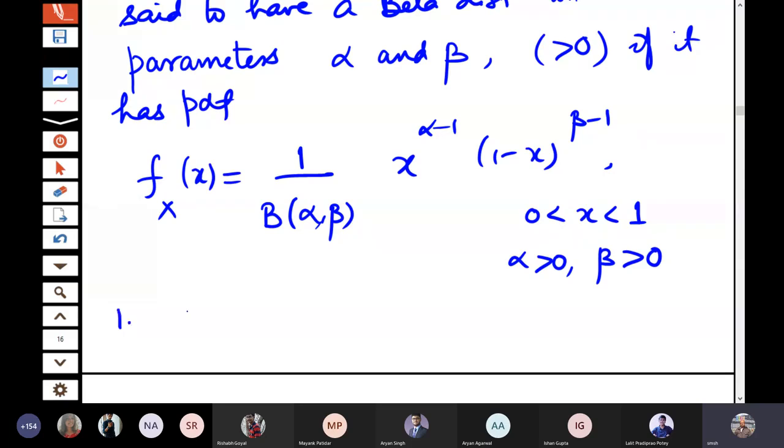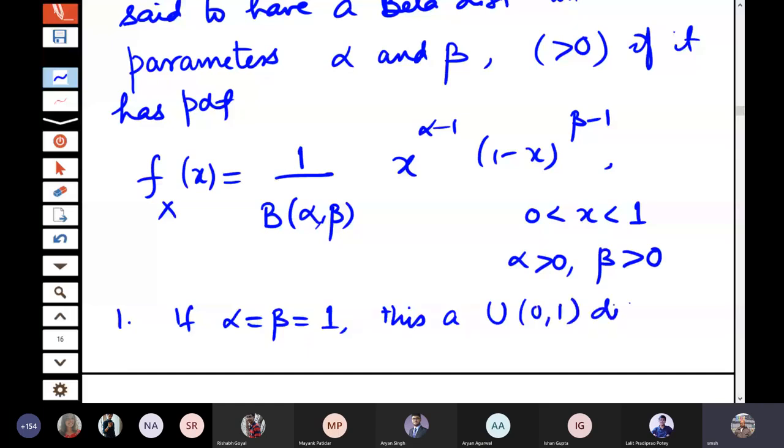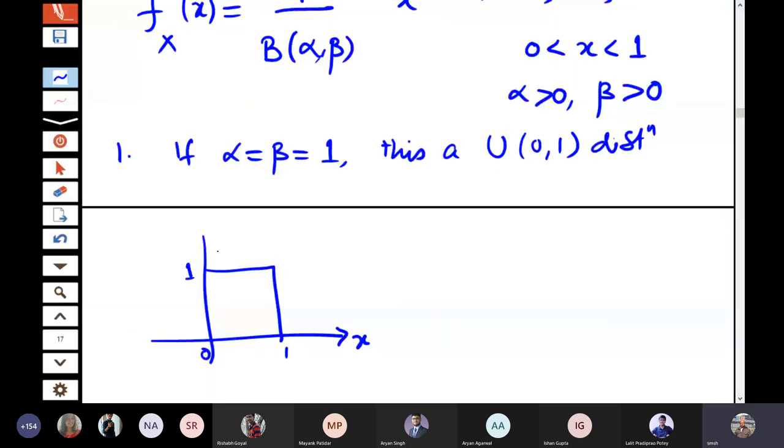So if alpha is equal to beta is equal to 1, this is the uniform 0 1 distribution. That is uniform 0 1, simply this. But you can see that we can generate many other forms also.